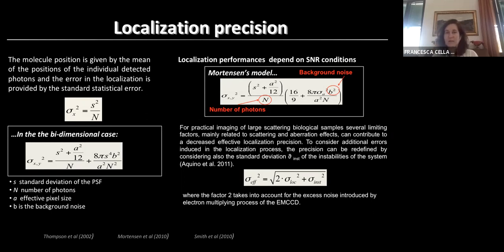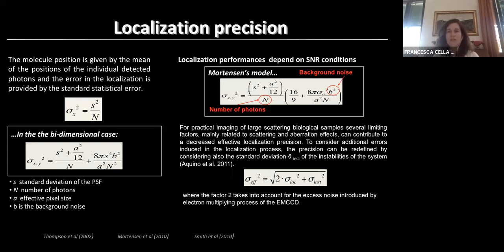There are analytical models like the Mortensen model, where the localization precision can be calculated, and it depends on the point spread function of the system, the pixelization of the system, the number of photons collected, as I was mentioning, but also the background noise, as we were looking before.